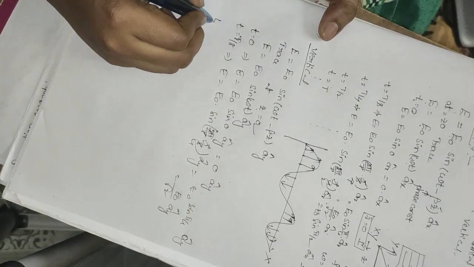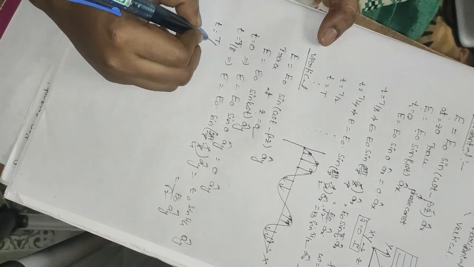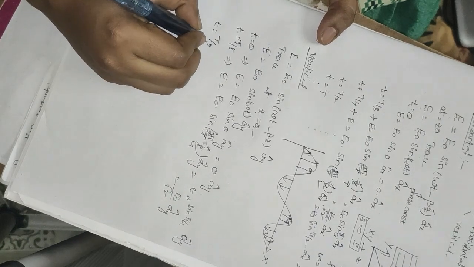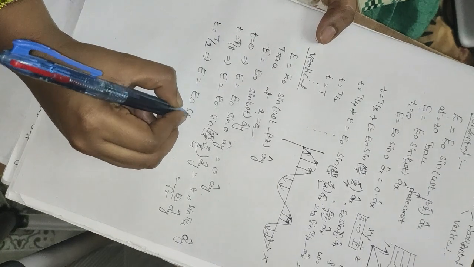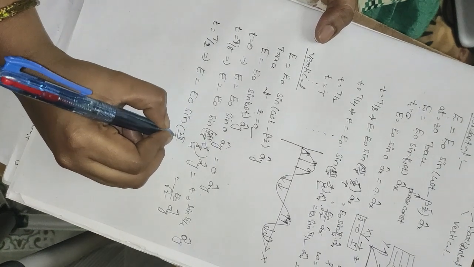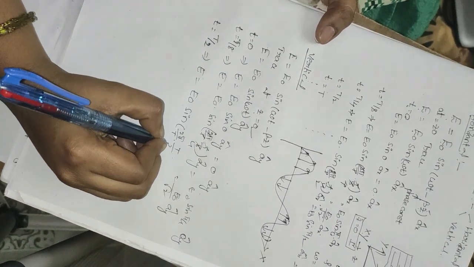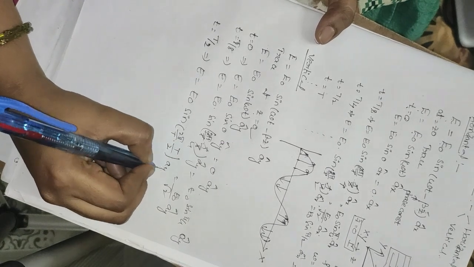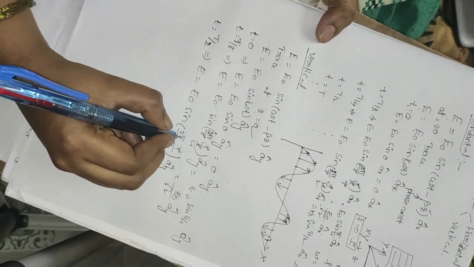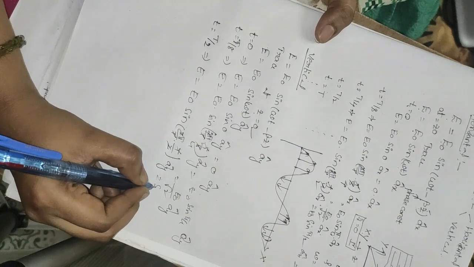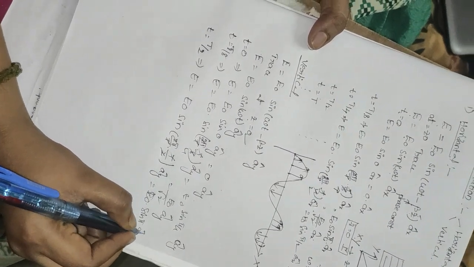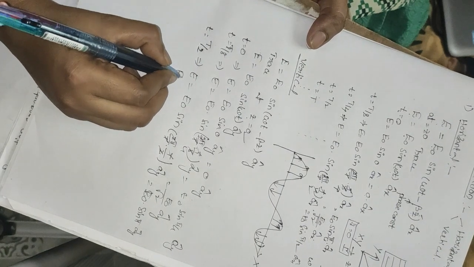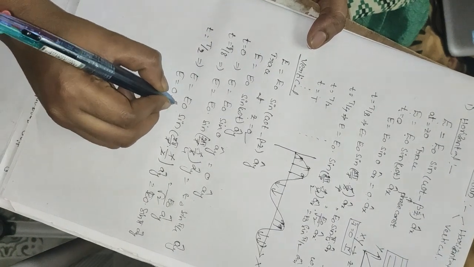At t equals T by 2, E is equal to E naught sine of 2 pi by T into T by 2 into ay cap, that is equal to E naught sine pi ay cap. At t equals T by 2, E is equal to 0 into ay cap.